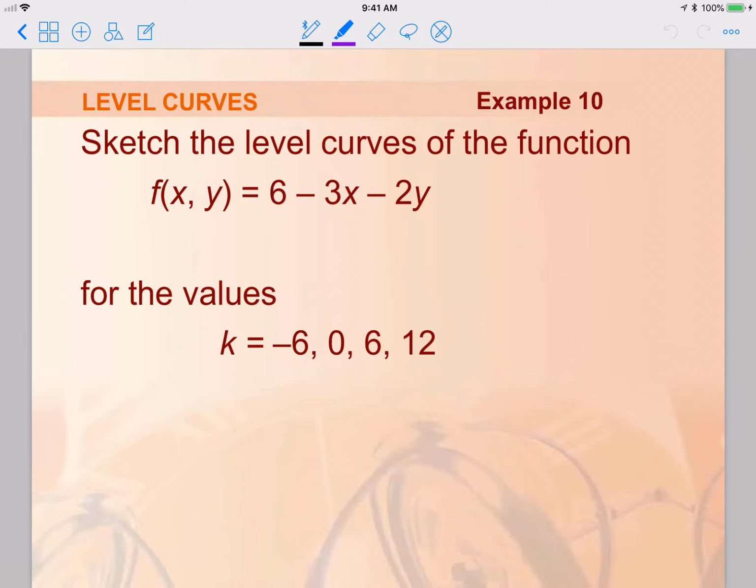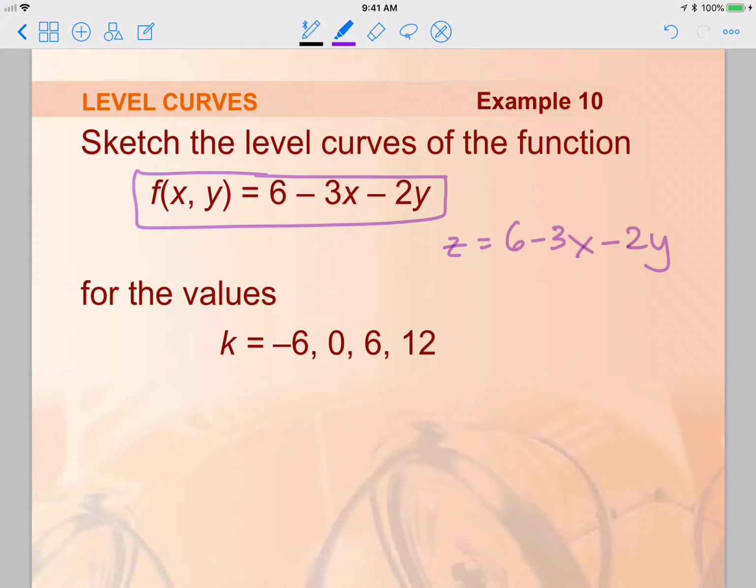Sketch the level curves. We already know this function. We expect it to be a plane, right? This is a linear function, z equals 6 minus 3x minus 2y. If we look at the level curve for k equals negative 6, we'll have negative 6 equals 6 minus 3x minus 2y.